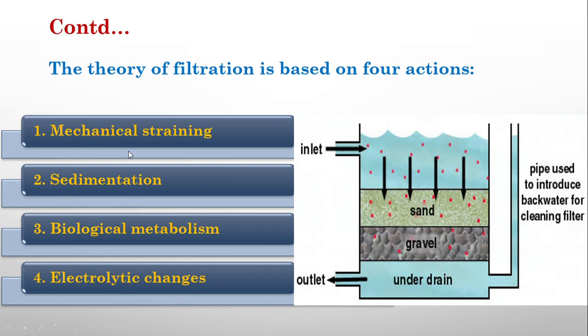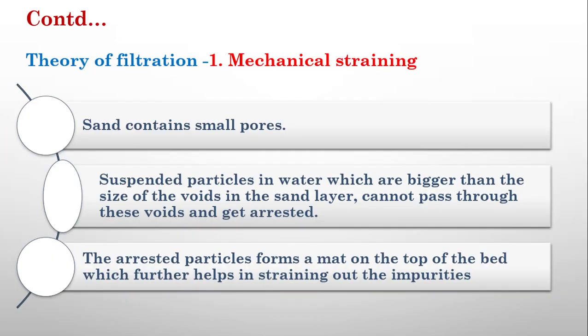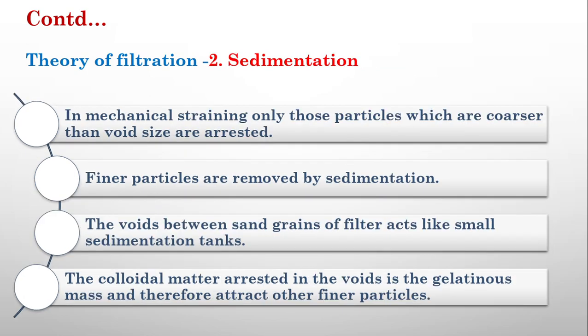And the second thing is sedimentation. We will move on to each of them. First is mechanical straining, in which sand contains small pores, and suspended matter bigger than the size of the voids will be trapped. That is the first thing. The second thing is sedimentation. Trapping of materials occurs only when the size of the material is larger than the voids.